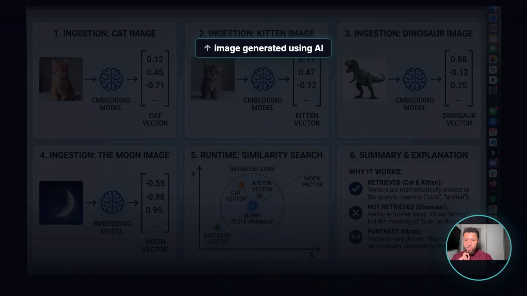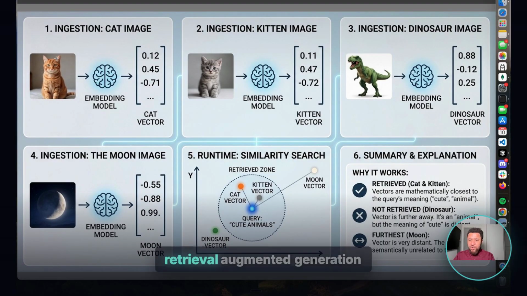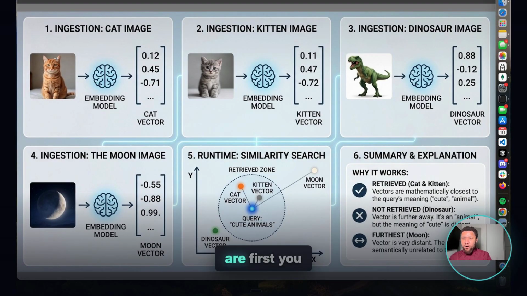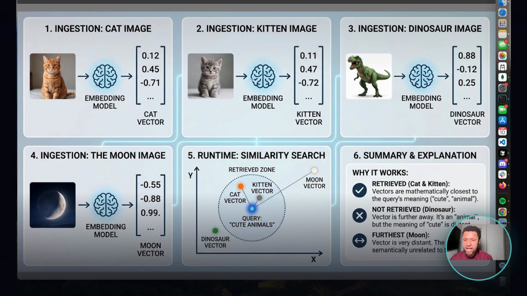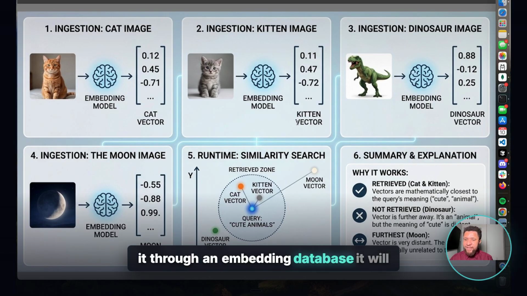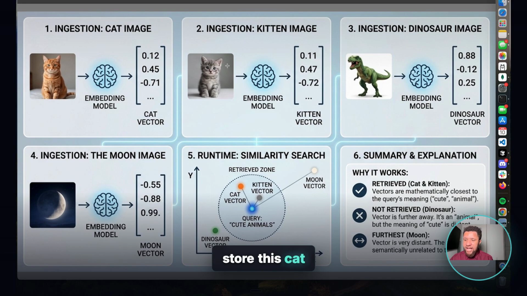First, the parts of Retrieval Augmented Generation are: you want to take all of your inputs, transform them into vectors, and store them in a vector database. So we have this cat, put it into an embedding model, and it'll form this cat vector. We have this other cat, put it through the embedding model, and it'll store this cat vector.